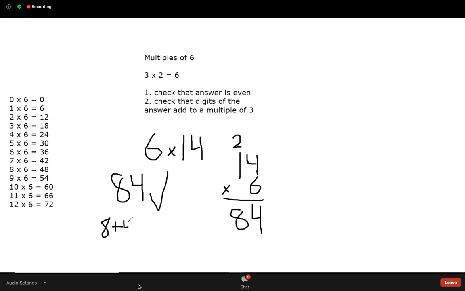So we'll do 8 plus 4, which will add up to 12. And we know that 12 is a multiple of 3 because 3 times 4 is 12. So it'll pass both of these checks, so that'll be our answer. Once again, even if it passes both checks, it doesn't mean that you have the right answer. It just means that you do have a multiple of 6.